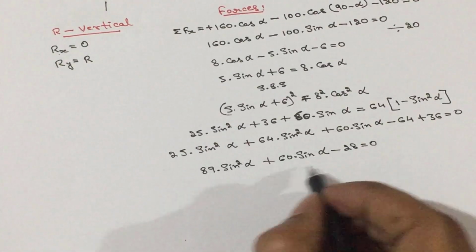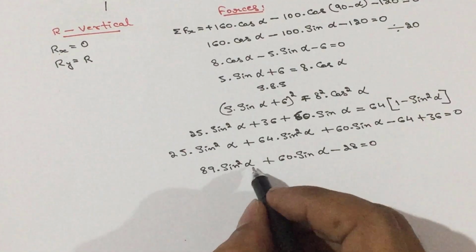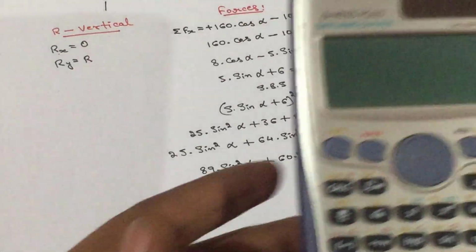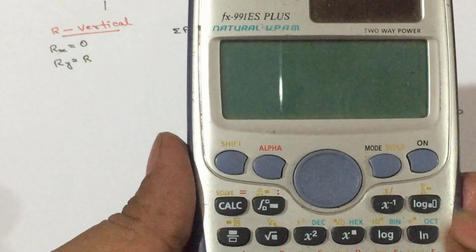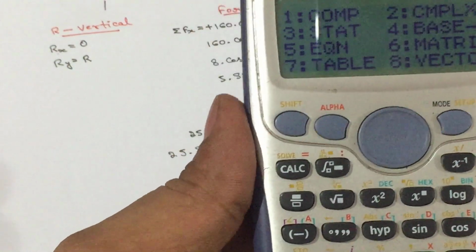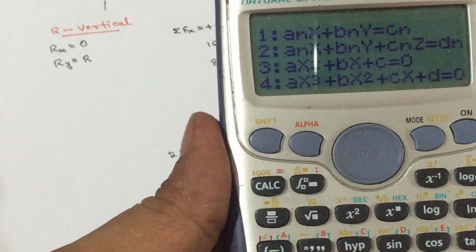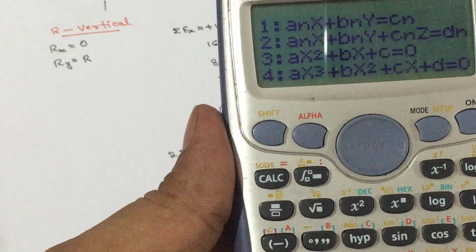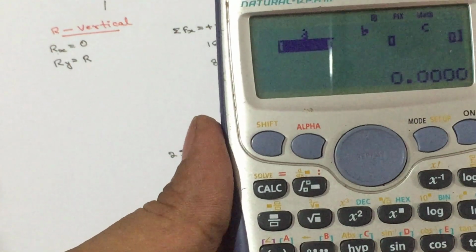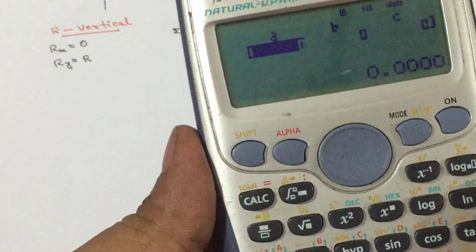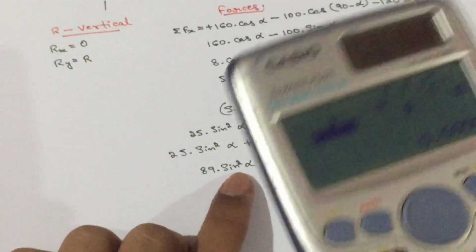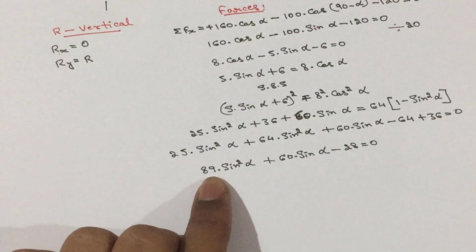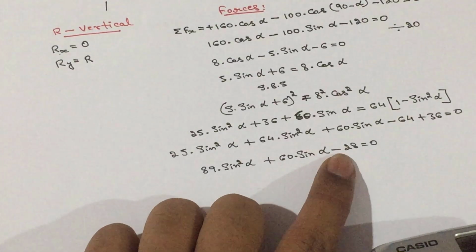So if we solve this equation, it is in the form ax square plus bx plus c is equal to 0. In your calculator, go to mode, then equation, 5, then select the third one, that is ax square plus bx plus c is equal to 0, then provide the coefficients, where x is sine alpha, a is 89, b is 60, c is minus 28.